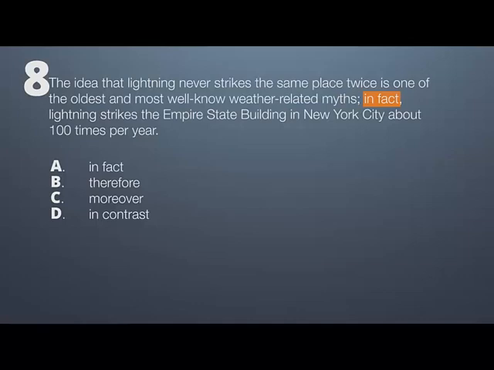Now, as you look at your choices, choice A is correct. It avoids the illogical phrasing of the other options by providing the phrase "in fact," which is used in this context to introduce evidence validating a previous statement.